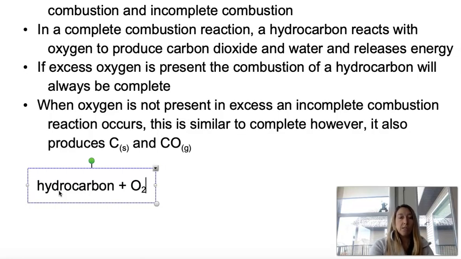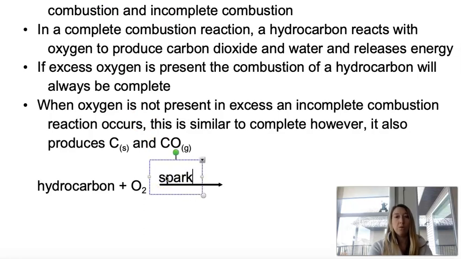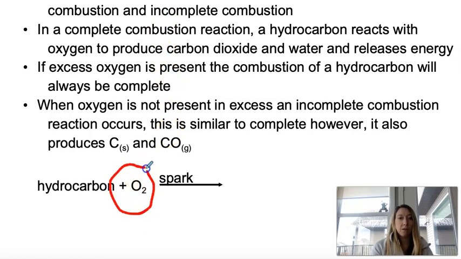Another thing you're sometimes going to find, and they sometimes do this and sometimes they don't, is they'll put an arrow in, and then over the arrow they'll write the word spark. They don't always do that, but they definitely do that sometimes. The biggest thing you are looking for to recognize a combustion reaction is this plus oxygen.